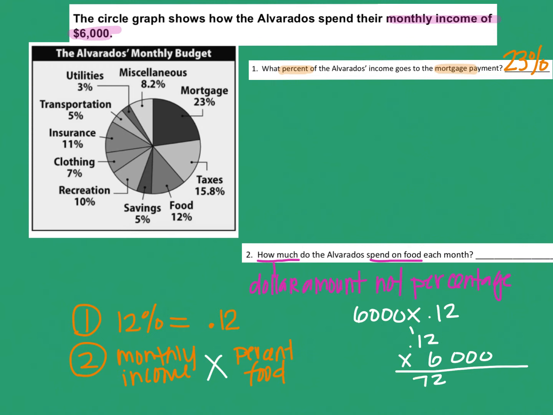Then I drop down these 3 zeros. The total number of digits that are behind the decimal is 2. Move the decimal point back. And now I know that my money was $720.